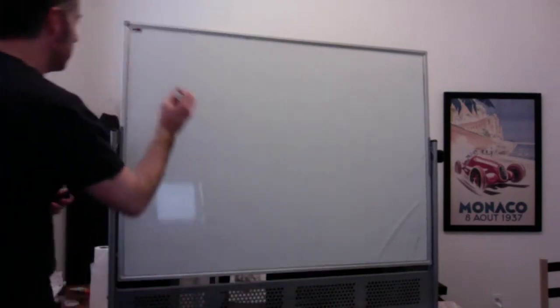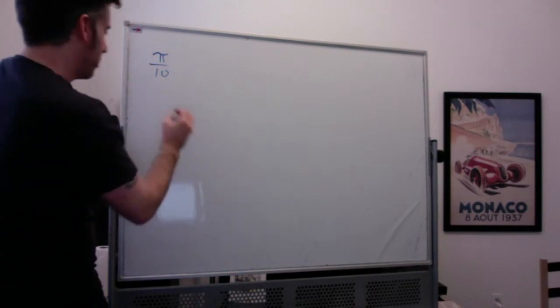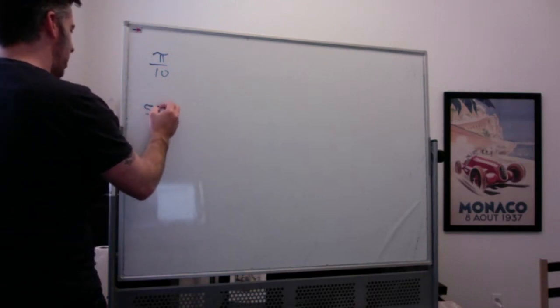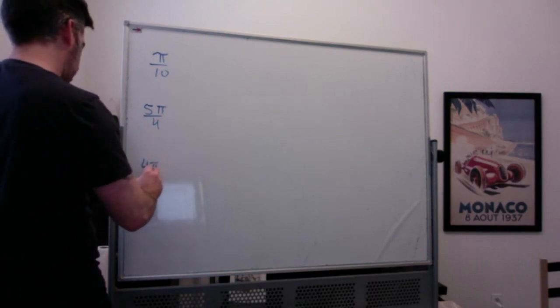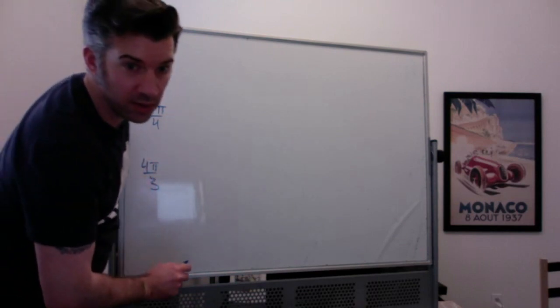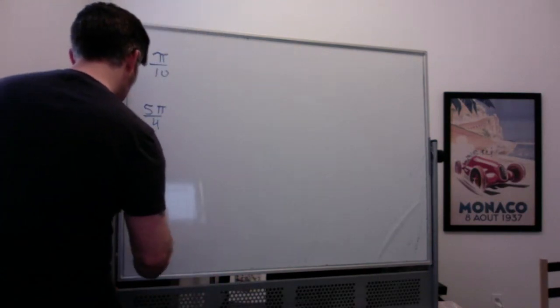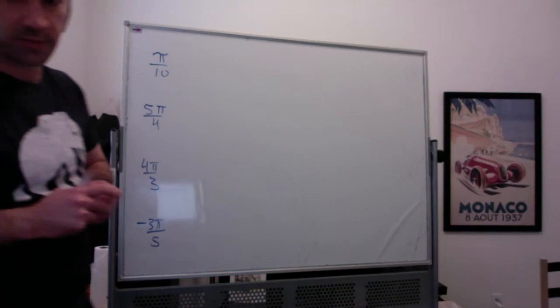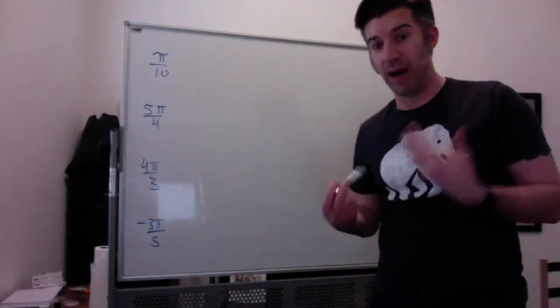So if I want to change, say, maybe pi over 10 or 5 pi over 4 or 4 pi over 3 or negative 3 pi over 5. I will point out, most of the radian measures we're going to deal with usually have some pi.